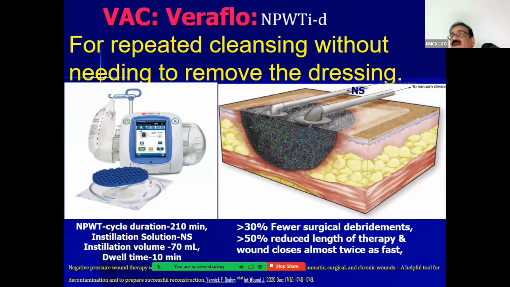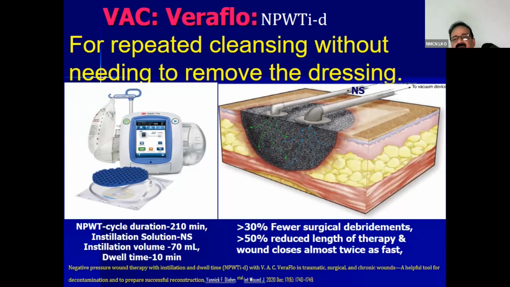And now the next type of negative pressure wound therapy has come. The modification which is done by the KCI itself, known as NPWT-ID. That means for repeated cleaning of the wound without removing the dressing, this thing works.